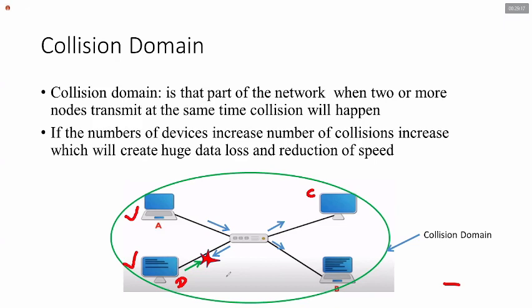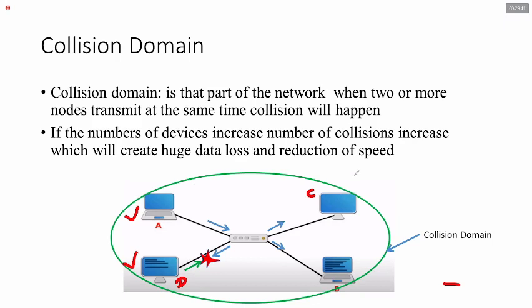I'm saying not like that, but to somebody else. Because of this hub operation, there is a possibility that when A and D are trying to send simultaneously, there can be a collision. So that means A and D are in one collision domain. Collision domain means a part of the network we are trying to identify.